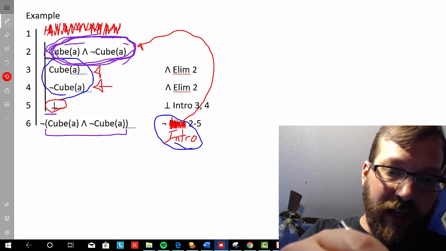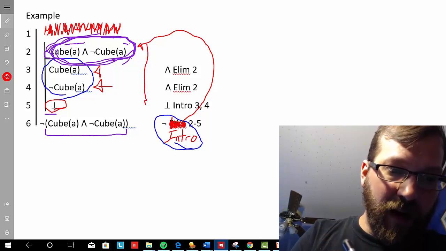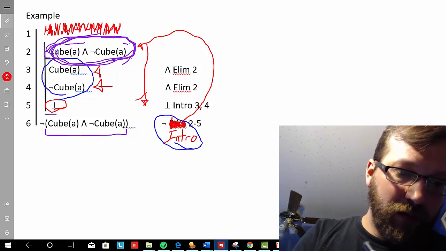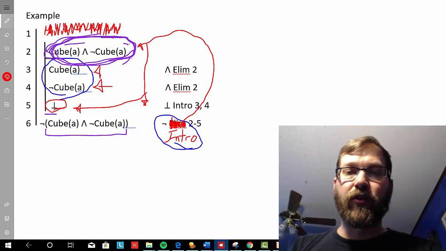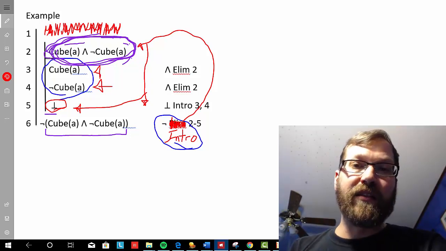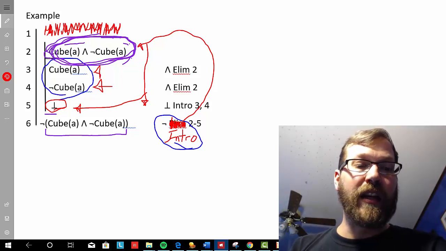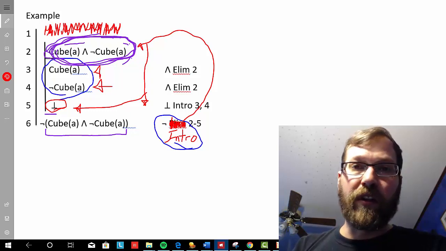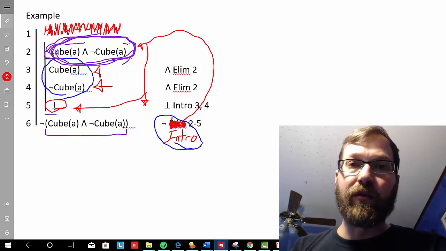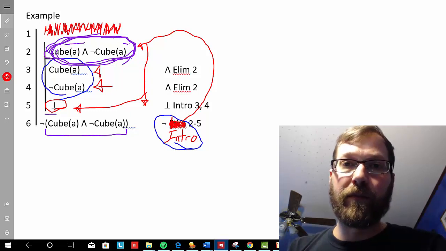And then through step 2 all the way to step 5, we got to a contradiction. That licenses us then to add a negation to what it was that we introduced, because what we introduced must be false. Therefore, the negation of what we introduced must be true.